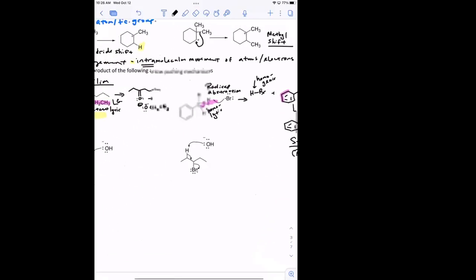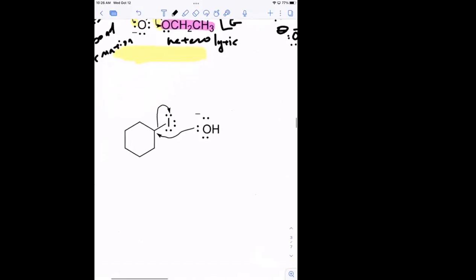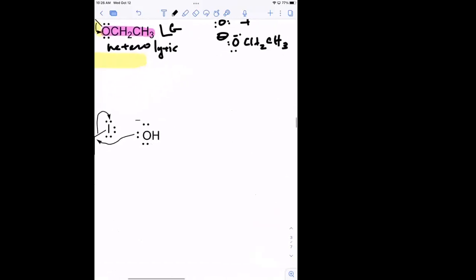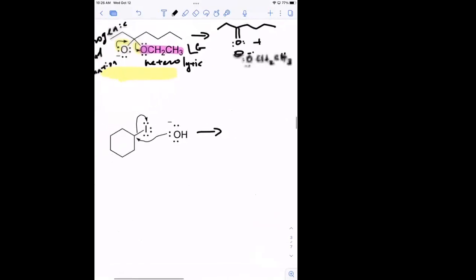All right, let's do this one right here. What is that? Actually, if somebody wants to come up and draw the product? Let's take a minute. If you're online, take a minute and draw the product of this reaction.